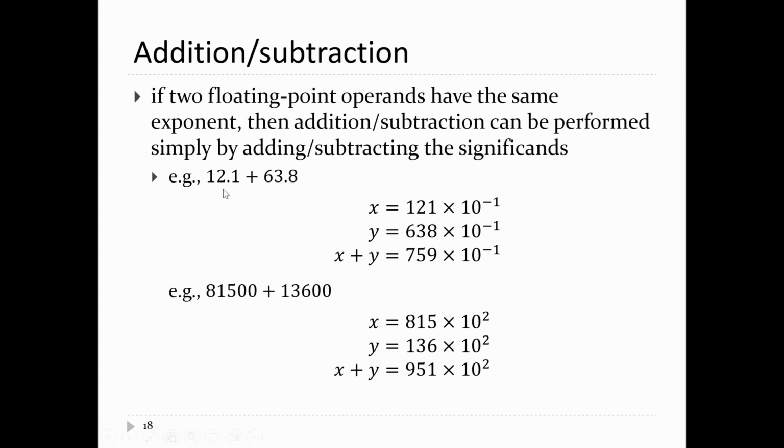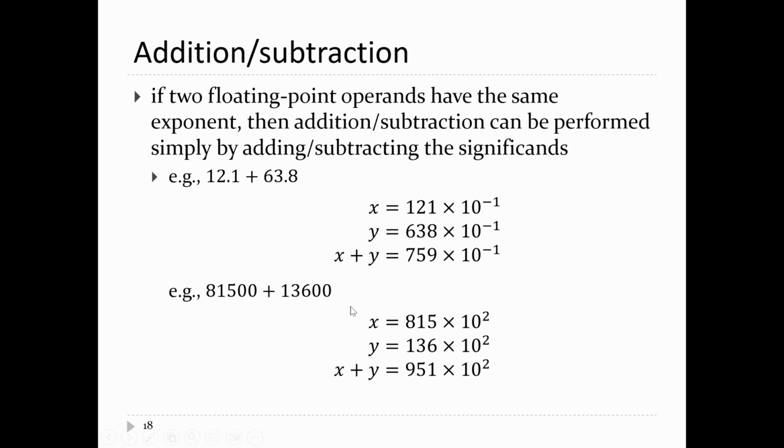So 12.1 plus 63.8. Convert both numbers to their floating point representation: 121 times 10 to the minus 1, 638 times 10 to the minus 1. Add them together, 759 times 10 to the minus 1. Easy.